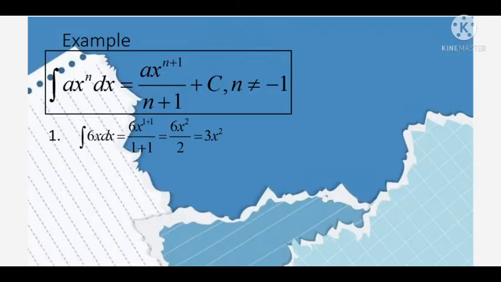Example 1. Integral 6x dx equals, we follow the formula above, 6 x power 1 plus 1 over 1 plus 1 equals 6x squared over 2 equals 3x squared.